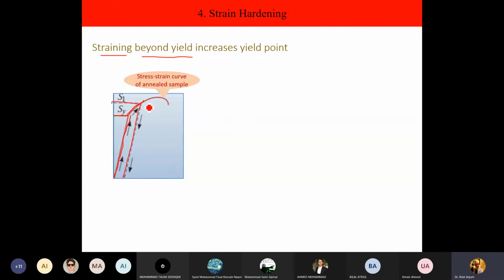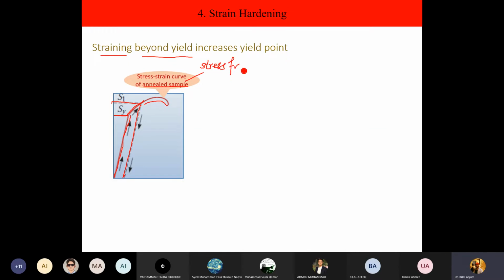You don't completely take it to the fracture point. You release it after a small stress has been applied beyond the yield stress, and this is performed on an annealed sample. An annealed sample is a sample which is in a stress-free state.